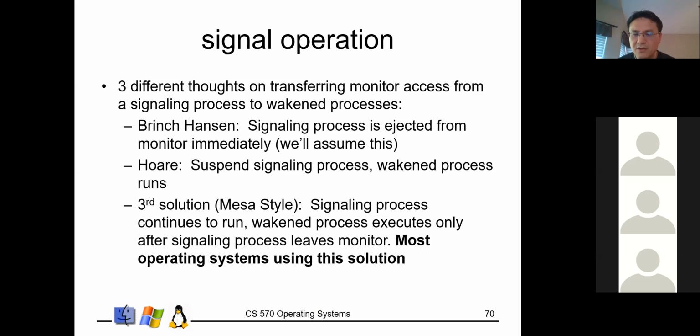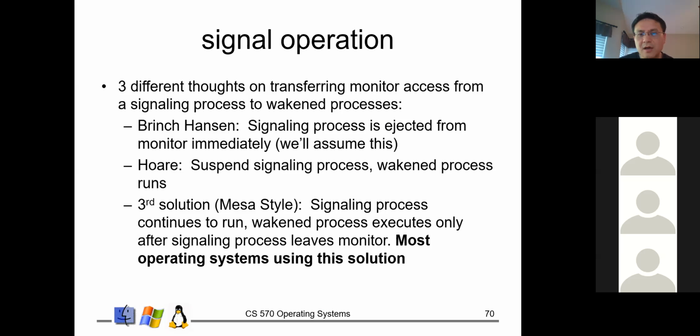In this kind of setup, in other words, a signal statement may appear only as the final statement in a monitor procedure, for this mechanism proposed by Hansen.